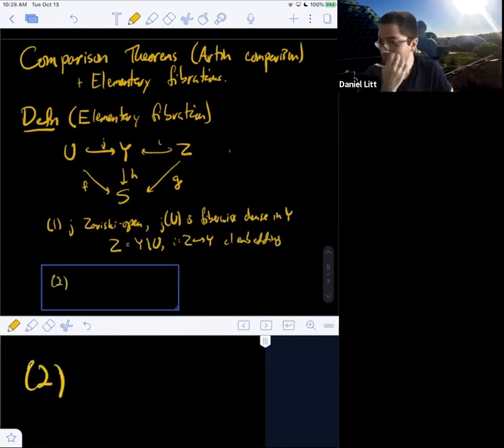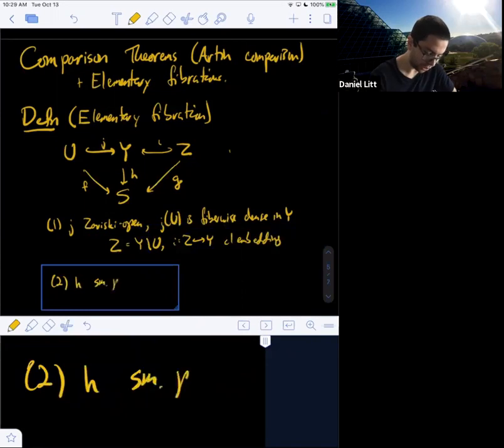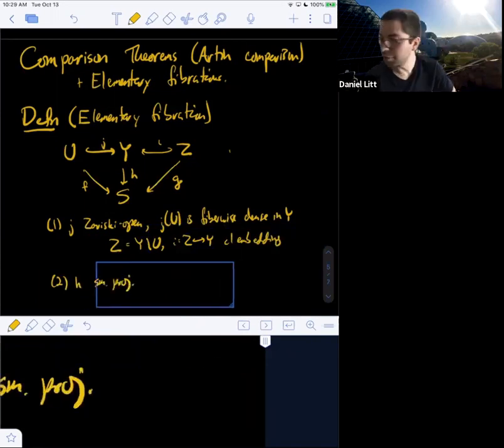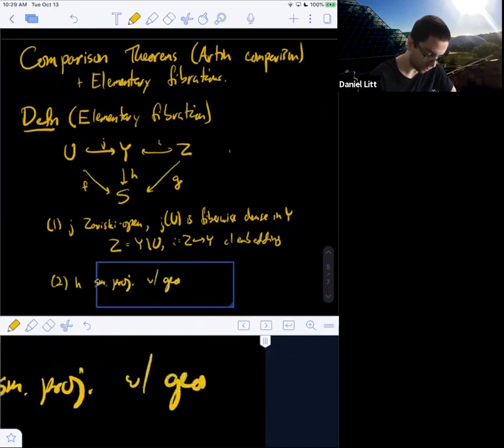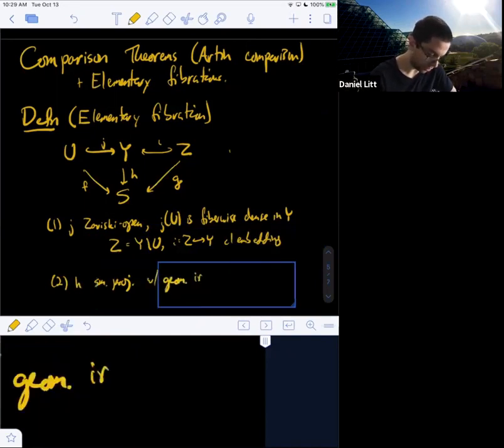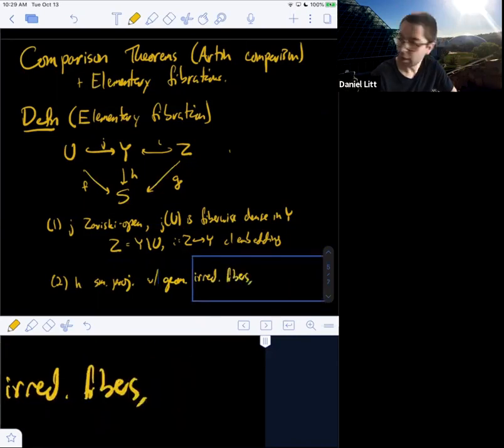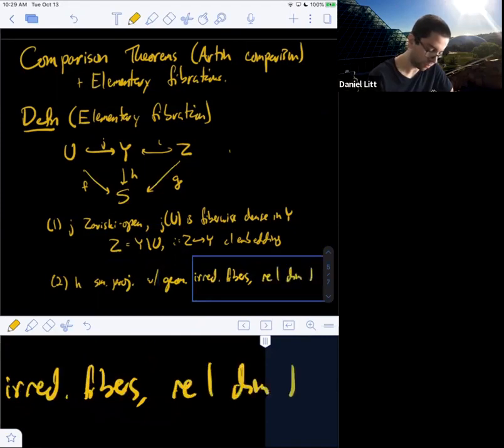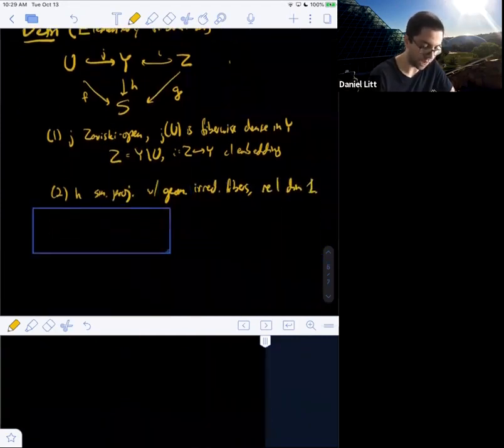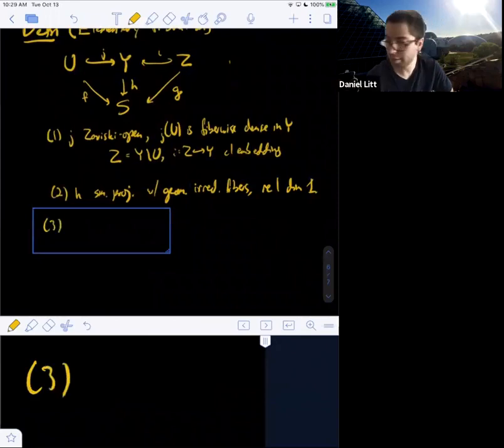Two is that h is smooth and projective with geometrically connected fibers, so geometrically irreducible fibers, and it has relative dimension 1. So h is a smooth projective curve. And then finally, g is finite étale.